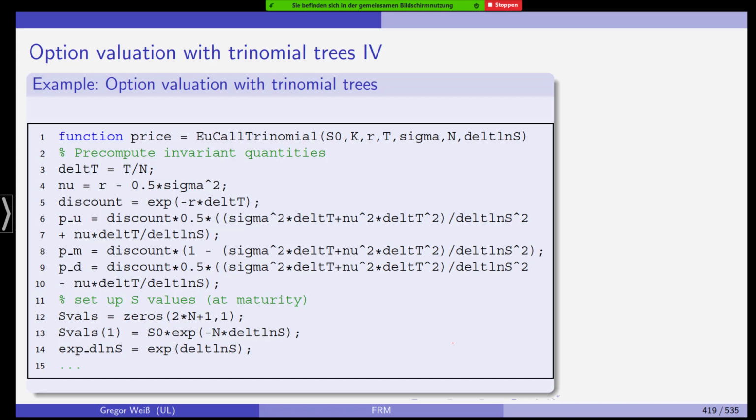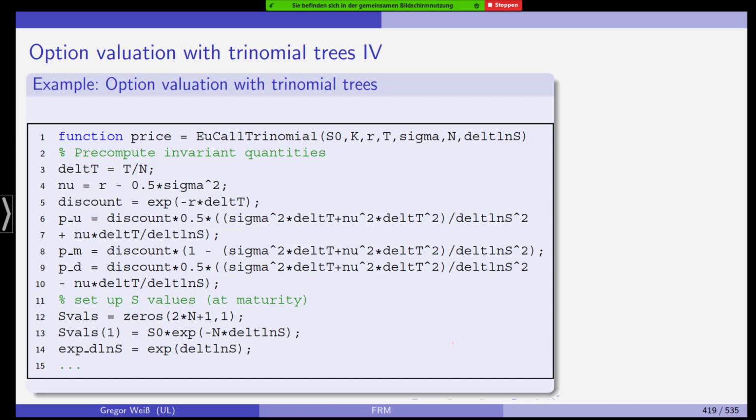We already discount them because later on we need to take the payoffs of the underlying and weight them using the probabilities, but we also need to discount those expected payoffs, so we can already multiply the discount factor into the probabilities.